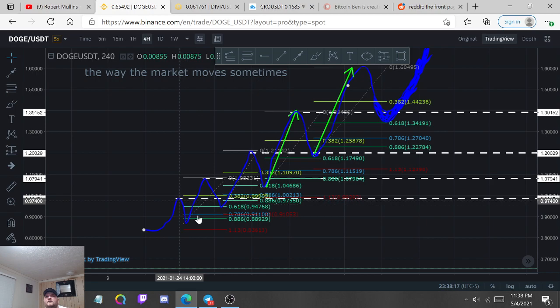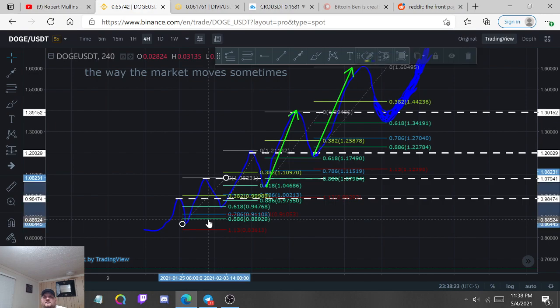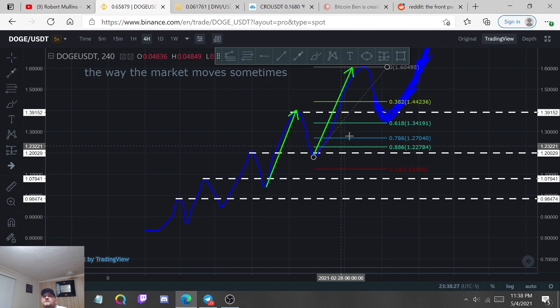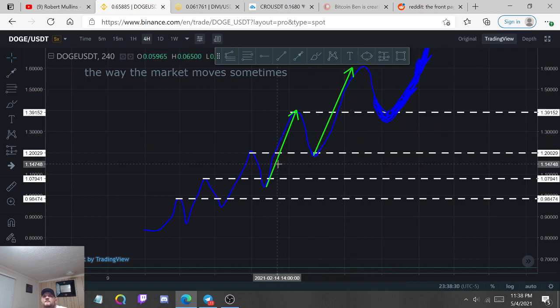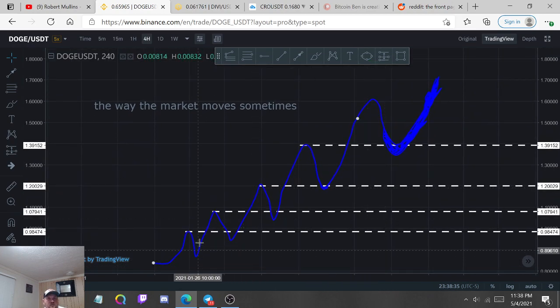Let's delete all these Fibonacci retracement tools. We can see how when the market pushes up, whenever it retraces, it usually finds support on the last resistance. So the market pushes up and it finds support at the last resistance.